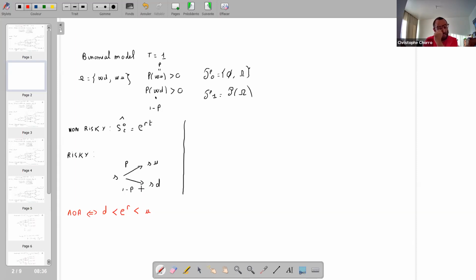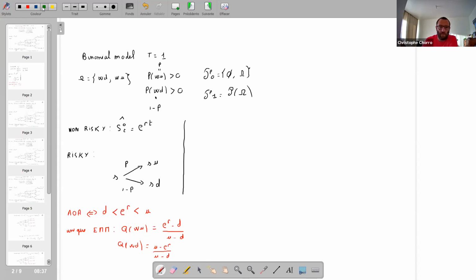And we have seen in this situation that we have a unique equivalent martingale measure, given by Q of omega U equal to (exponential r minus D) over (U minus D), implying that Q of omega D is equal to (U minus exponential r) over (U minus D). So I have this one.